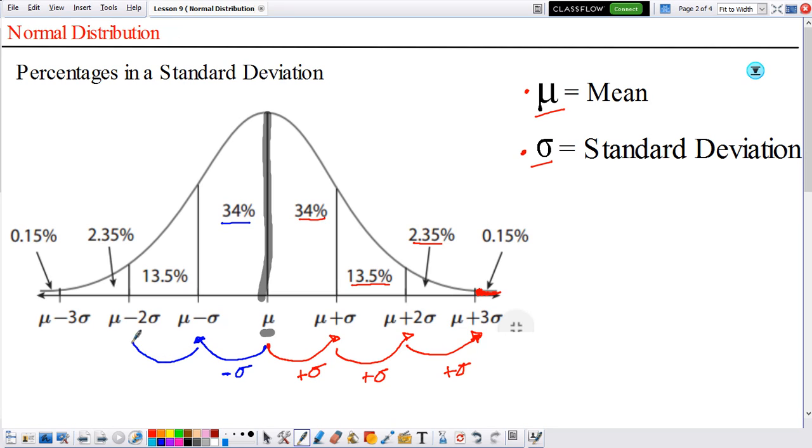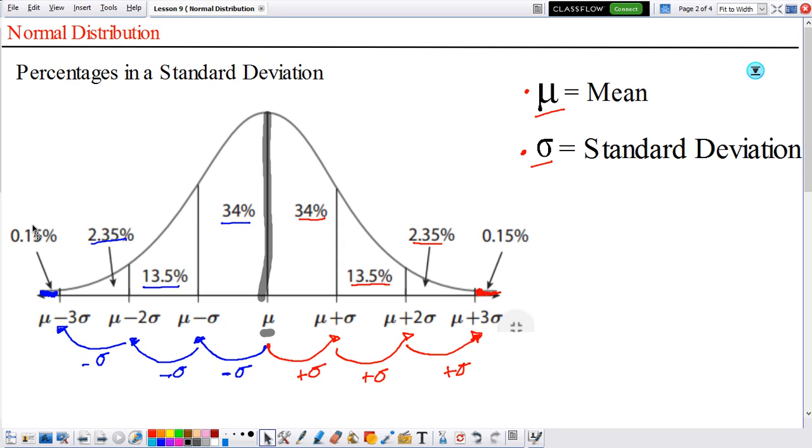If you move another standard deviation, now you will gain 13.5%. If you subtract another standard deviation, you will gain 2.35%, and whatever area is left here is nothing more than 0.15%.